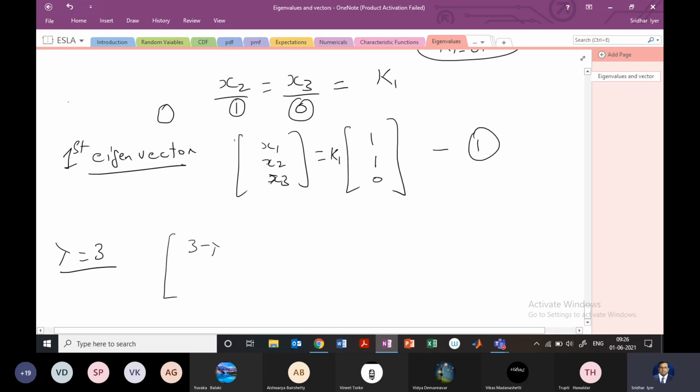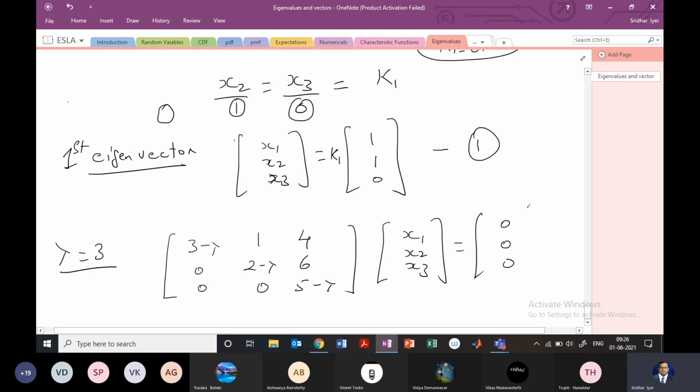So it is 3 minus lambda, 1, 4; 0, 2 minus lambda, 6; 0, 0, 5 minus lambda. So this is A minus lambda I, and you have x, which is x1, x2, x3, equal to 0, 0, 0. Just see if you are able to solve this with the same method.